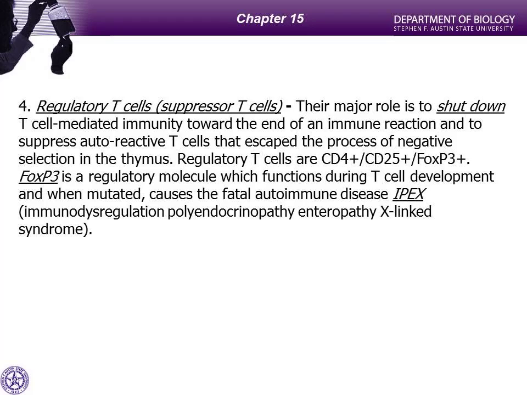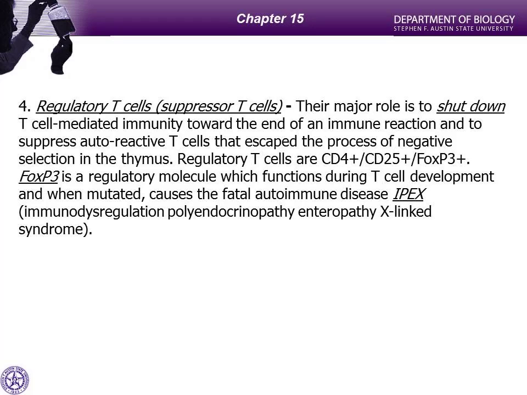And if you happen to mutate FOXP3, just that one receptor, this can lead to a disease that is referred to as IPEX.